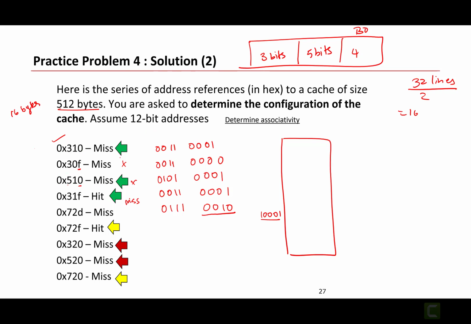So given that is my set index, let's see if I can simulate my entire address pattern and make sure that it is consistent with the cache configuration that I am discovering.